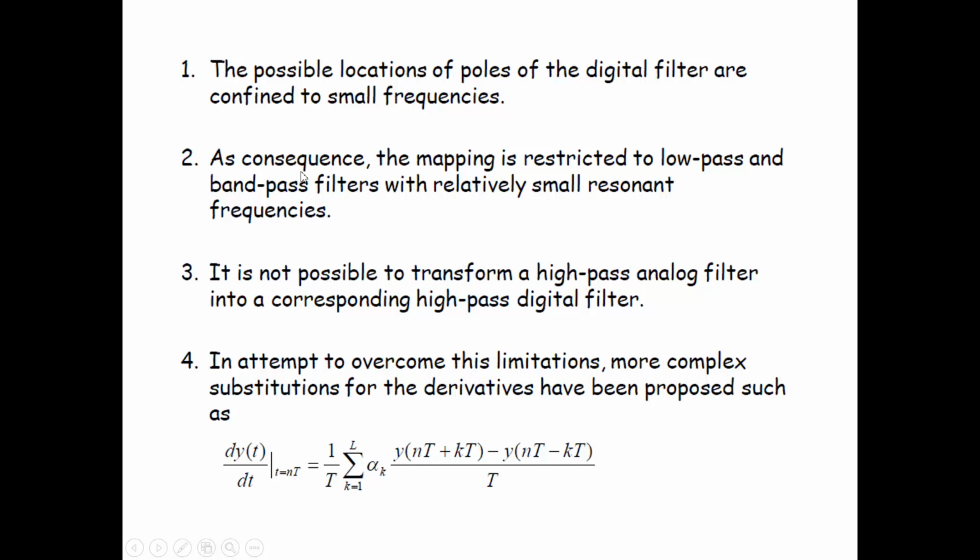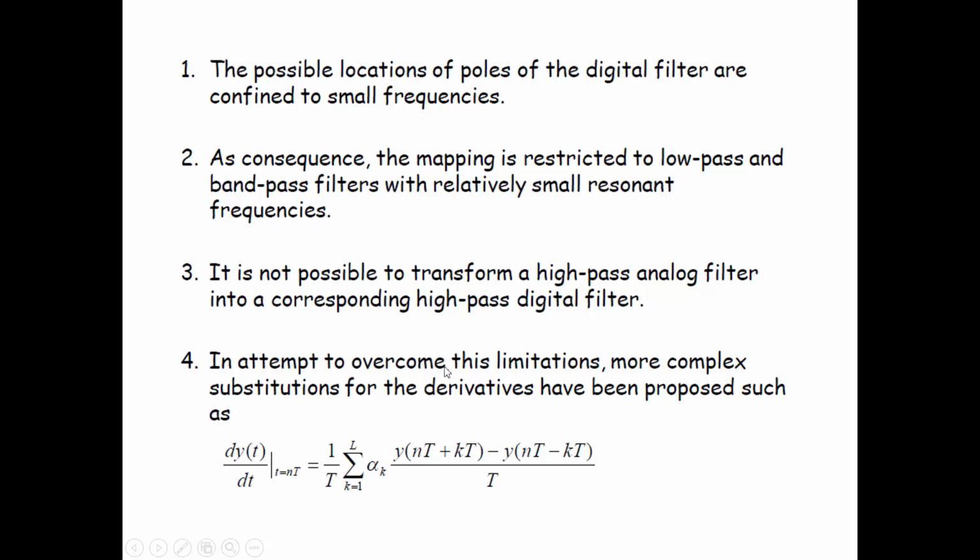As a consequence, the mapping is restricted to low pass and band pass filters with relatively small resonant frequencies in the case of band pass filters. So out of this method, you can design only low pass filters and band pass filters with relatively small resonant frequencies. But it is not possible to transform a high pass analog filter into a corresponding high pass digital filter. That's one of the drawbacks of this transformation.